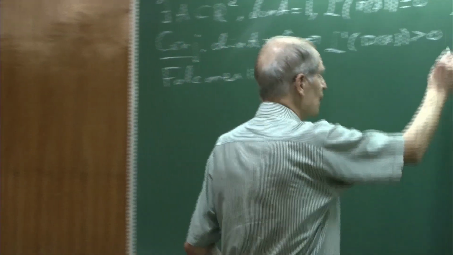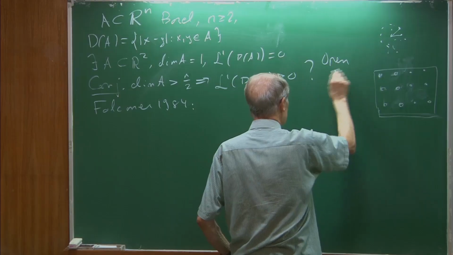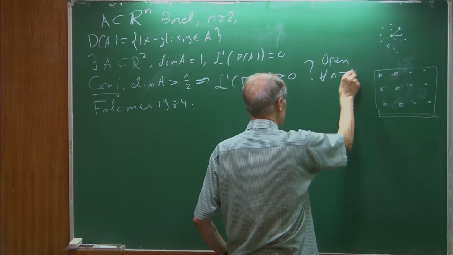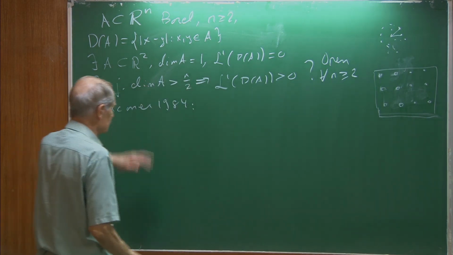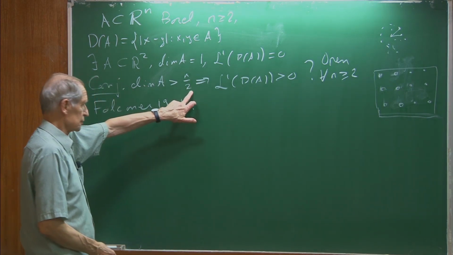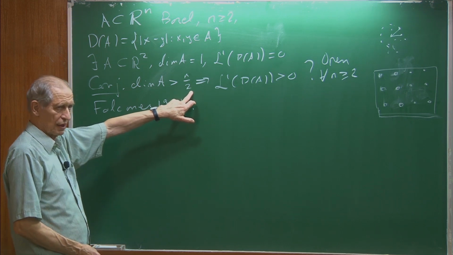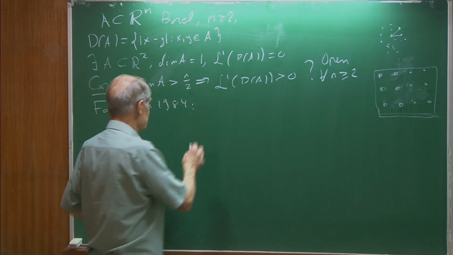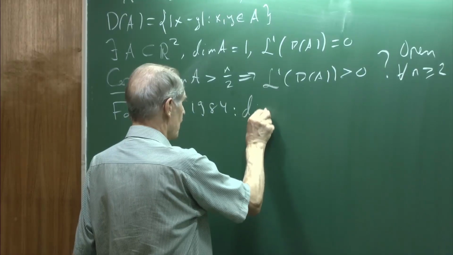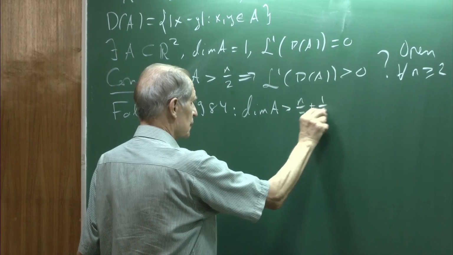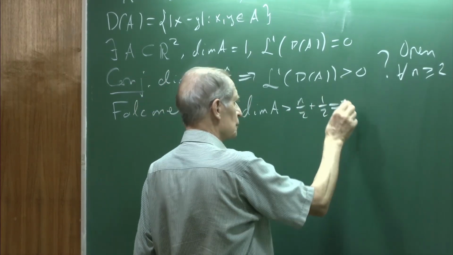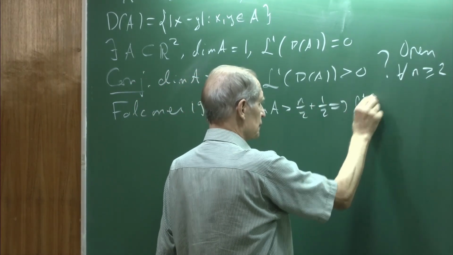It's open for all n greater than or equal to 2. Falconer proved that if you replace this with n over 2 plus half, then you get this. So if the dimension is bigger than n over 2 plus half, which is (n+1) over 2, then you get positive Lebesgue measure.